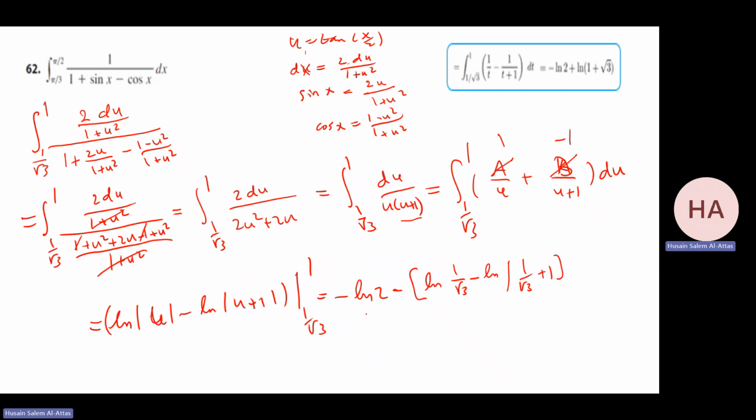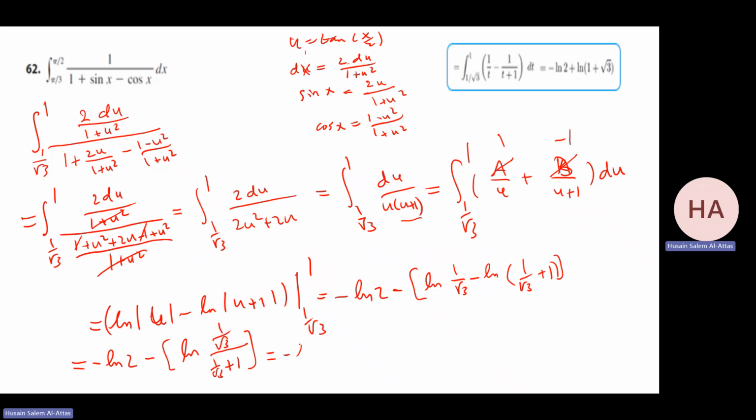Okay, this I can simplify. Minus ln 2 minus, I can put it in 1, minus ln of 1 over square root of 3 over 1 over square root of 3 plus 1.